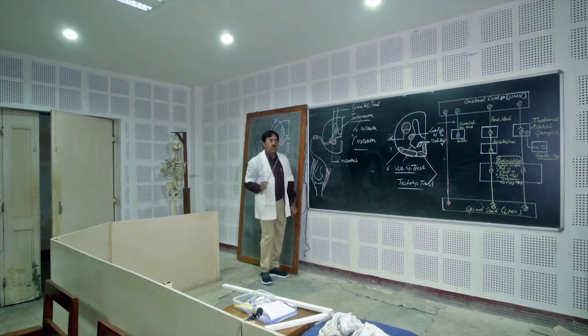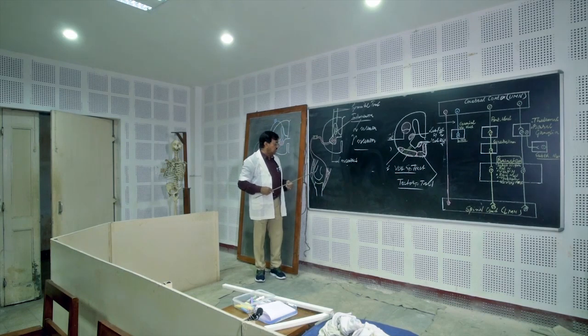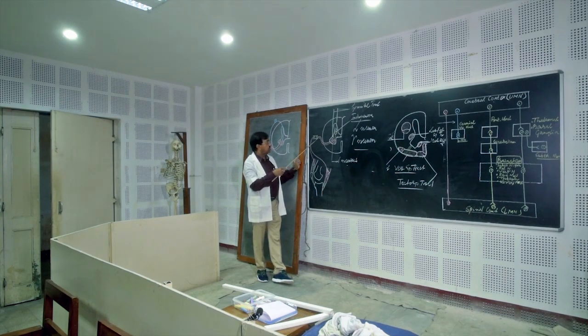What is it for? When the pyramidal tract influences the activity of the lower motor neuron, there are varieties of lower motor alpha neurons. Suppose in the knee joint, one alpha neuron innervates the extensor muscle of the knee, and another alpha neuron supplies the flexor muscles in the back. When the first alpha neuron is stimulated by the pyramidal tract, it gives rise to contraction of the quadriceps, the extensor of the knee.